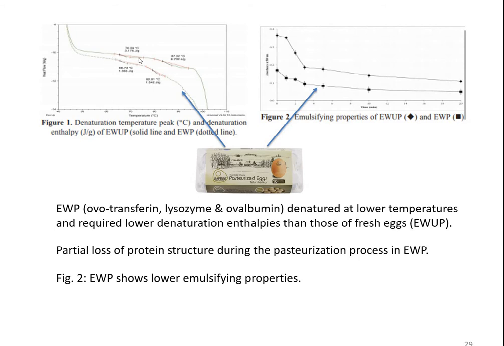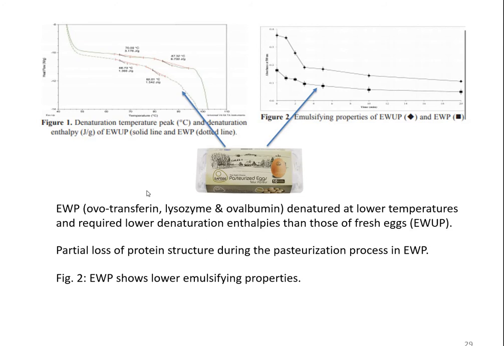The higher the values, the more native protein inside this particular egg. So you can see here the unpasteurized EWP has higher temperatures of denaturation and higher enthalpies of denaturation, and the pasteurized EWP had lower temperatures of denaturation and lower denaturation enthalpies.